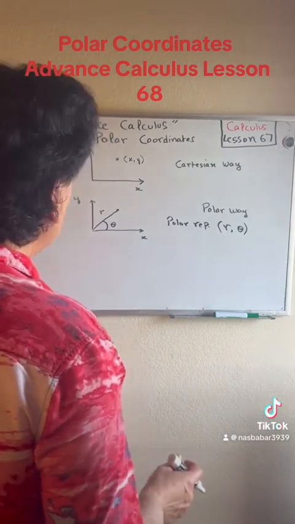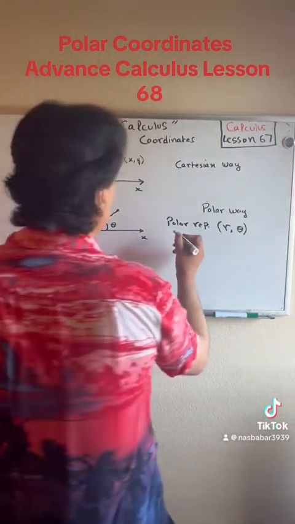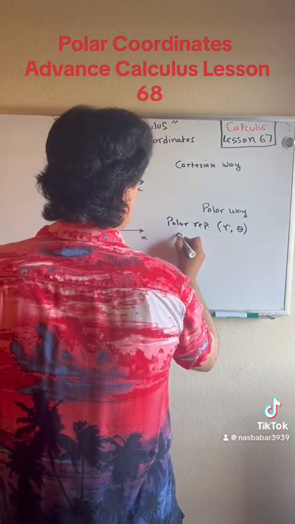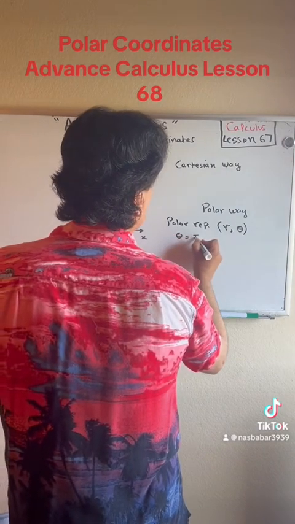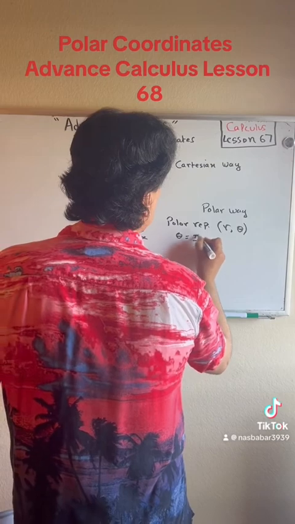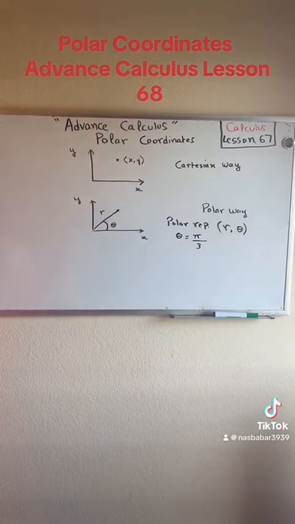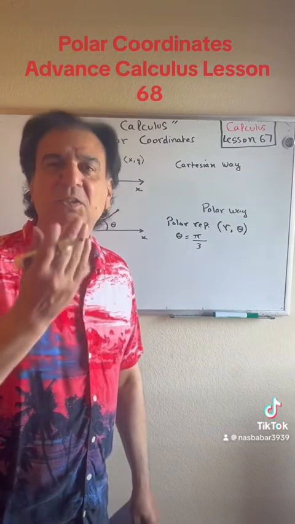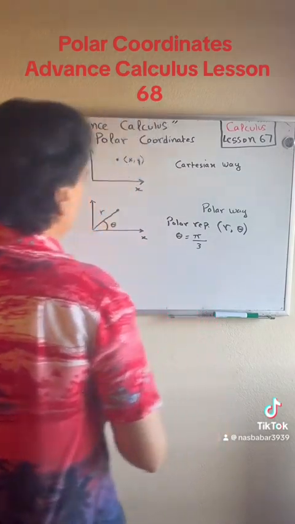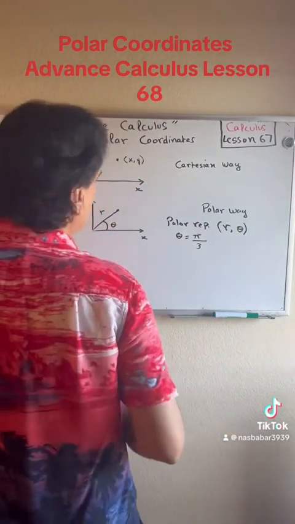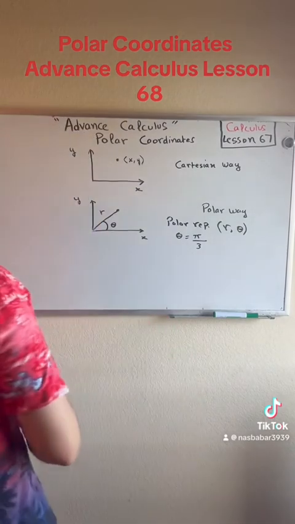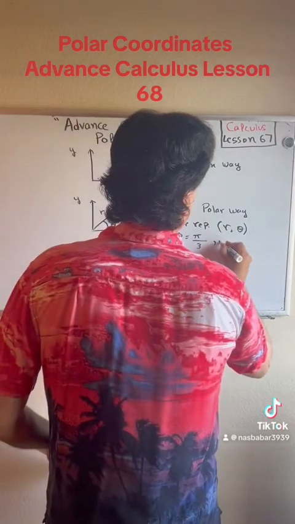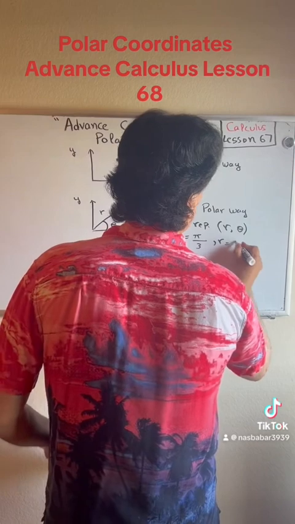So this is basically a section in advanced calculus. Let's say this theta is equal to pi over 3. What is pi over 3? 180 degrees divided by 3 is 60 degrees. So we have this pi over 3, and let's say r is equal to 1.